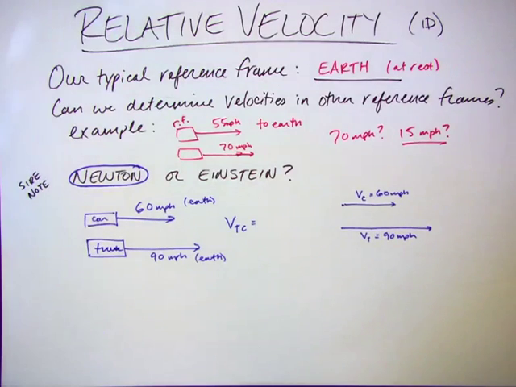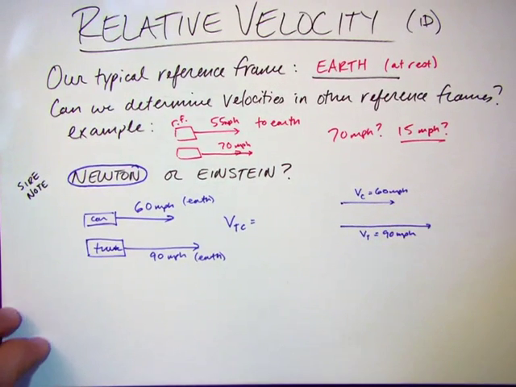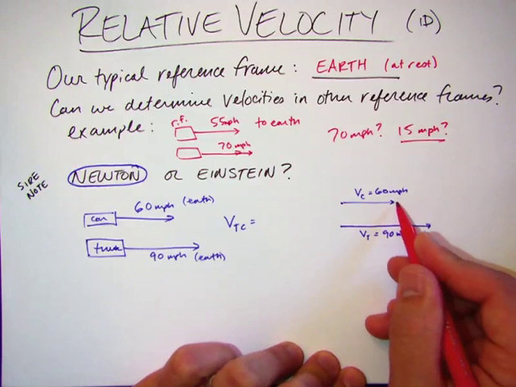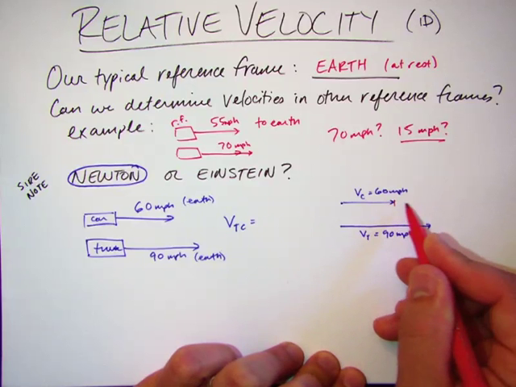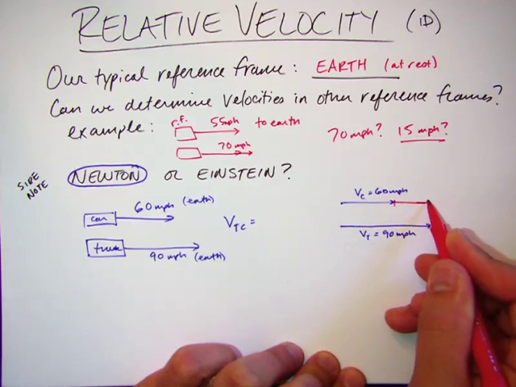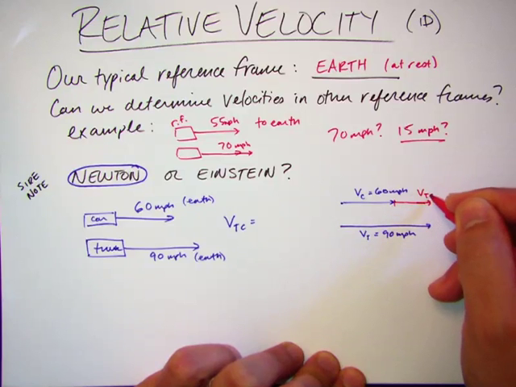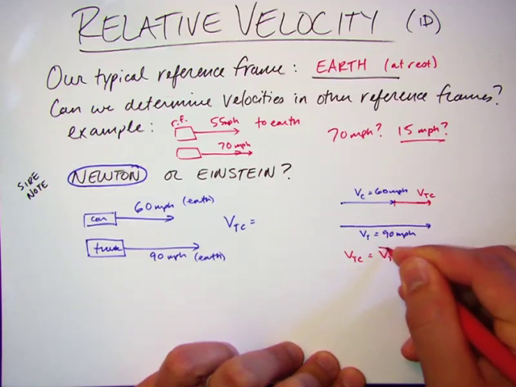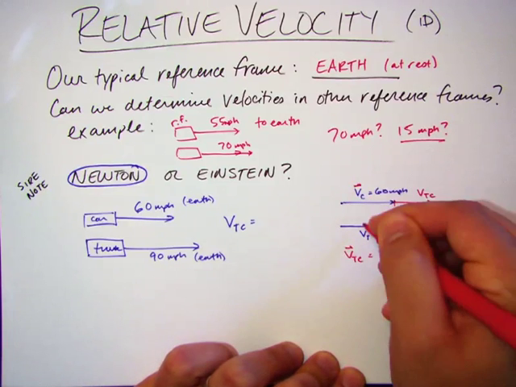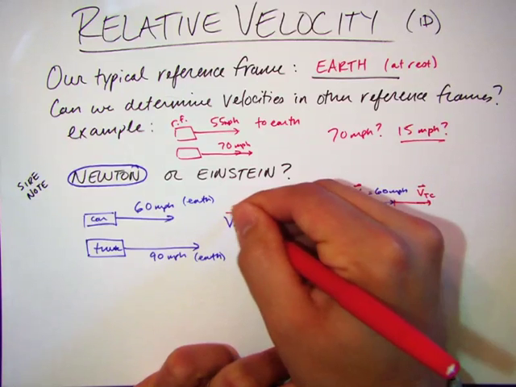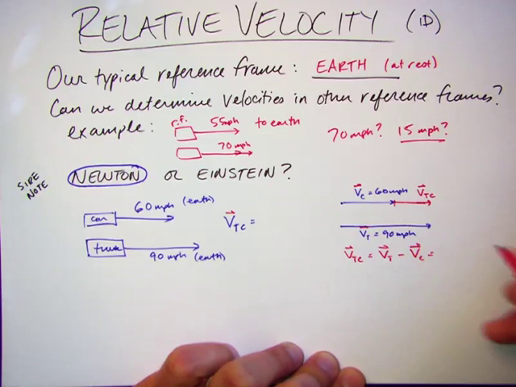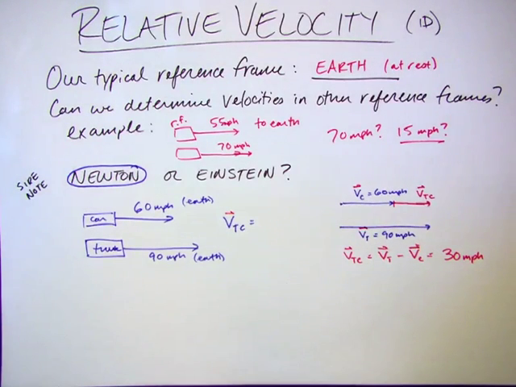If I want to know how fast the truck is moving relative to my car, I simply determine the velocity vector that would connect my car to the truck. So in this case, the velocity of the truck relative to the car is the velocity of the truck, I should be using my vector symbols, minus the velocity of my car relative to the Earth. So relative to my car, the truck is moving 30 miles per hour.